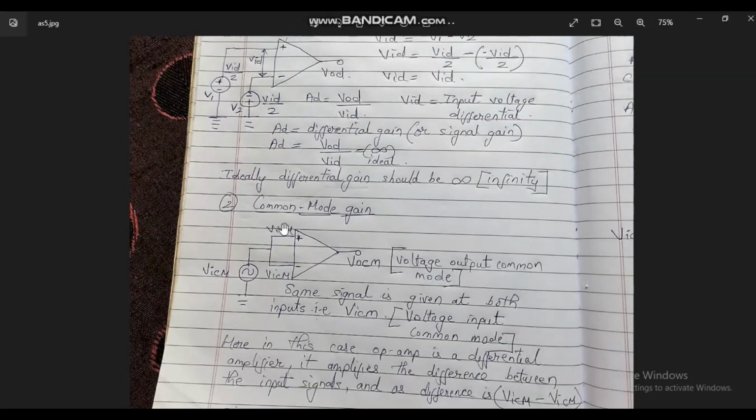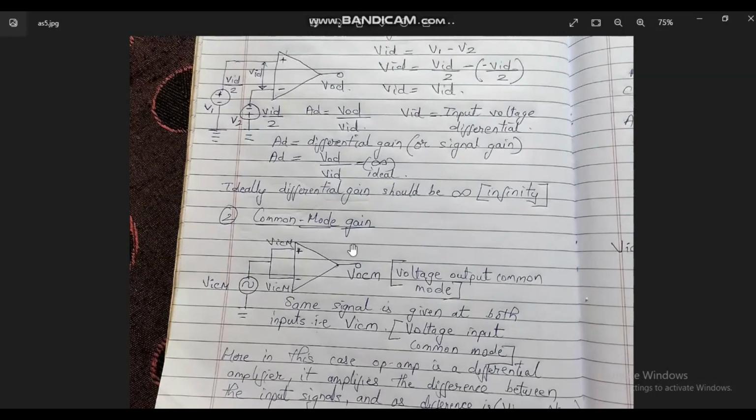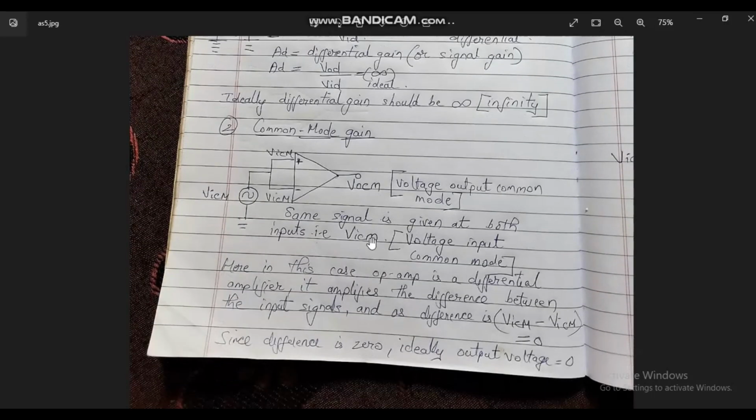So now we go for common mode gain. As we went for differential gain, now we will check common mode gain. In common mode gain, the same signal is given at both inputs, that is VICM. Here also VICM, here also VICM. VICM means voltage input common mode.